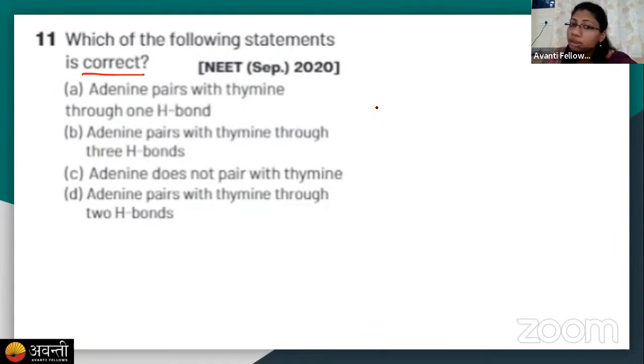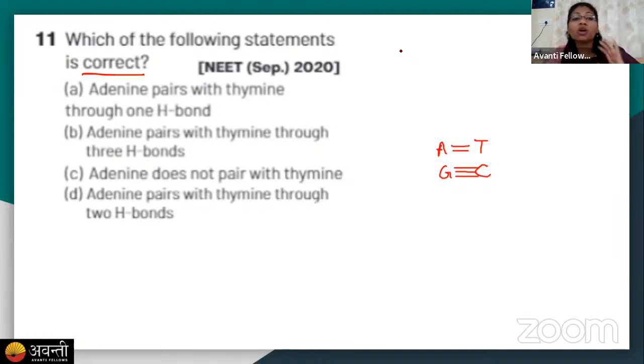As we have already discussed, we have the four nitrogenous bases A, T, G, and C, where A binds with T and G binds with C. For the binding of these nitrogenous bases, we use hydrogen bonds. For G and C, we require three hydrogen bonds, whereas for AT binding, we require two hydrogen bonds.